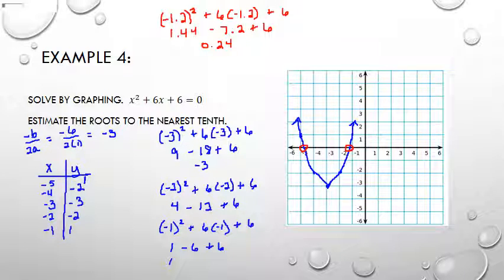Okay, let's see if we can get closer by doing -1.3. So now we're plugging in -1.3. Square it first, that gives you 1.69. Type all that into your calculator.